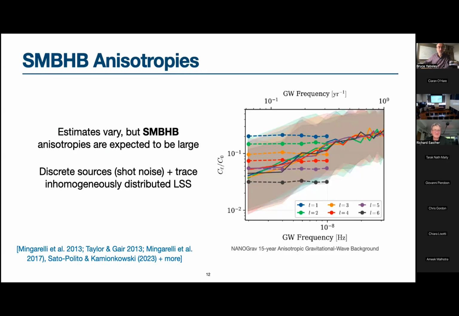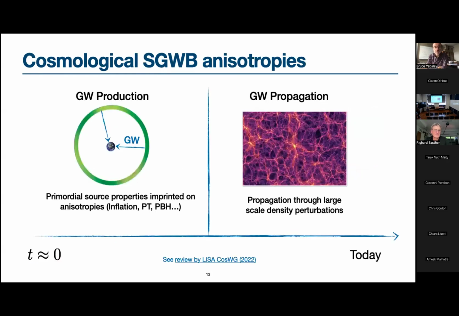No, not at all. It arises as well for mergers, but the issue is that because it's much smaller, it's again 10 to the minus 3 in terms of intensity. So in terms of C_ell, it's 10 to the minus 6. So it will be swamped by the shot noise contribution that is intrinsic to the supermassive black hole scenario. Okay, whereas can you just go to the slide of early universe origin?